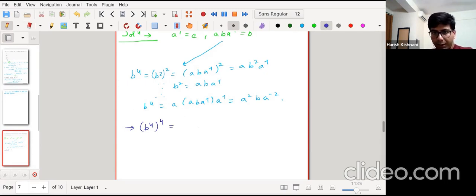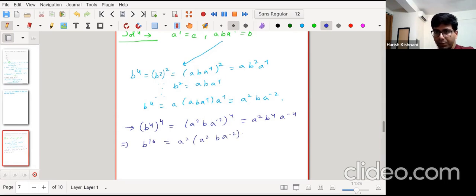That is a square b a minus 2, whole raised to 4. Again, the power is just the conjugate of b with some power of a. So it will be just a square b^4 a minus 4. This is b raised to 16, and you can put the value of b^4 from above, that is a square b a minus 2, a minus 4.